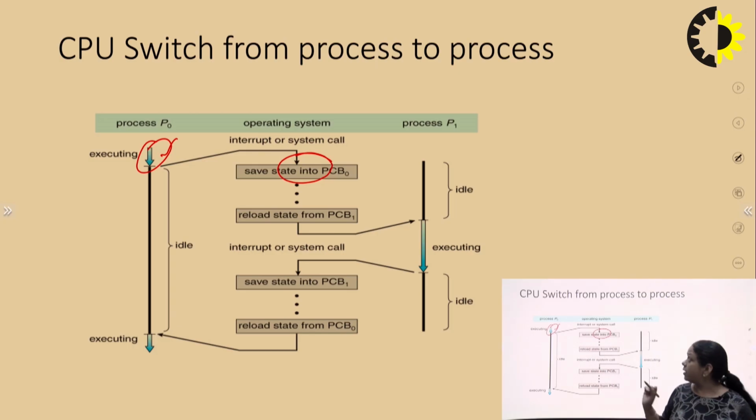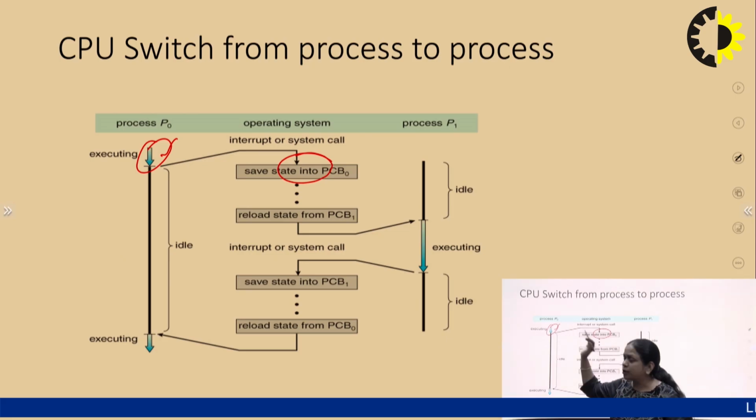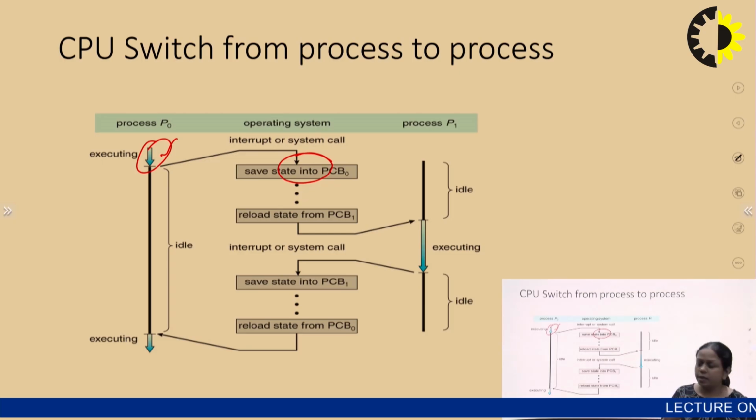We are doing CPU switching here. Some part of process P0 is executed, and now we are saving the information related to P0 into the PCB0 block.